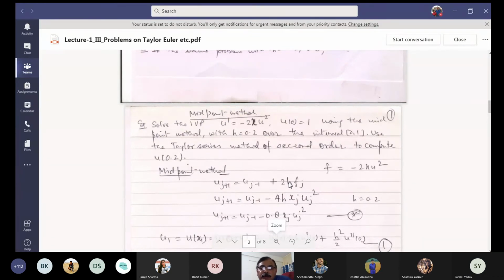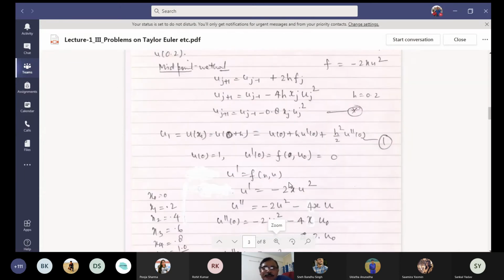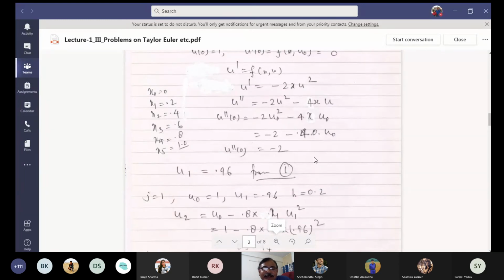Sir, 0.84. I don't know, possibly this is done through another method. Okay, you do one thing so that you can get the values here. You put y1 as 0.96. This is calculated using Taylor's method, so I will explain that later on.